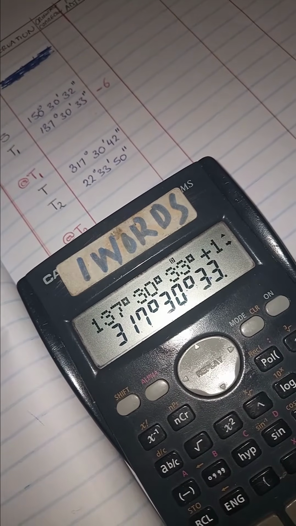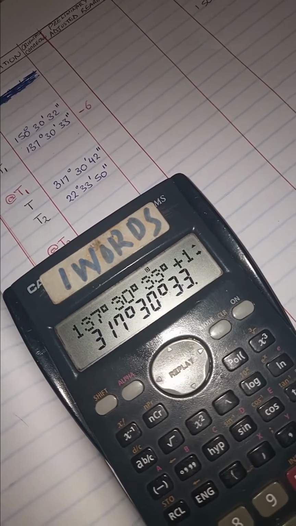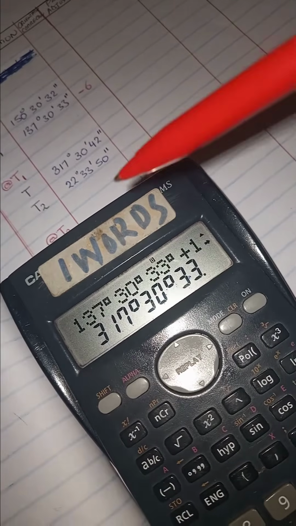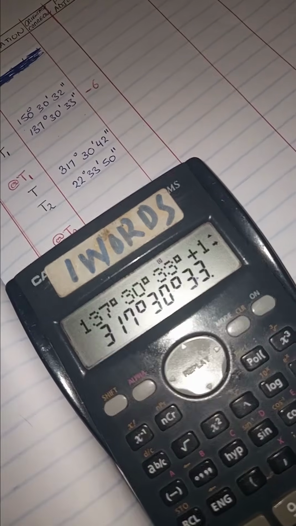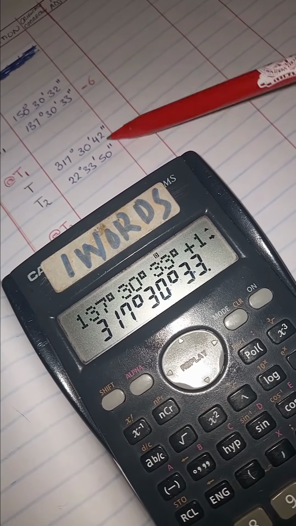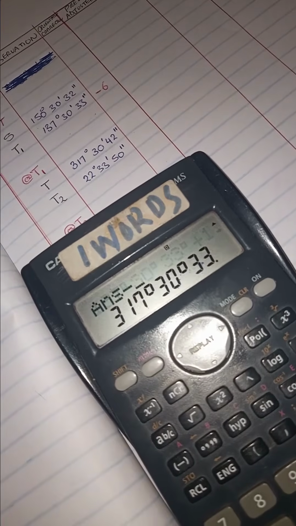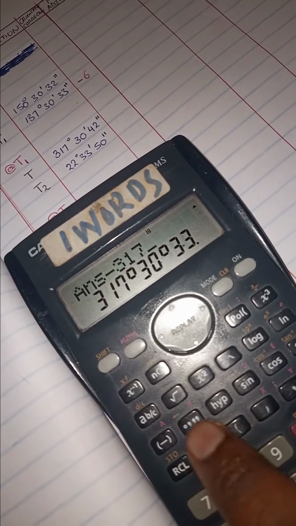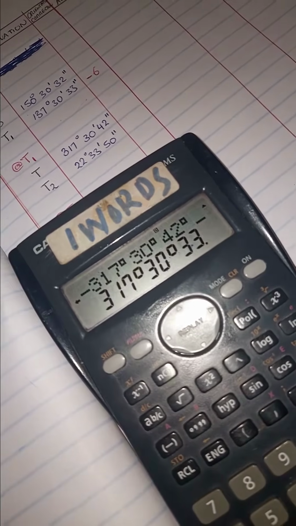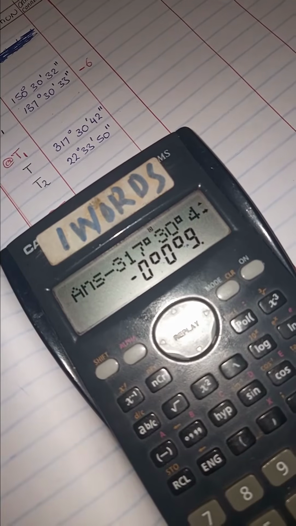So we are going to subtract, just like how we have done on the observed value and the final bearings. This was supposed to be nearly the final value, 317, 30, 33. So we need to apply a correction: we subtract 317, 30, 42, and we have our negative 9 seconds.